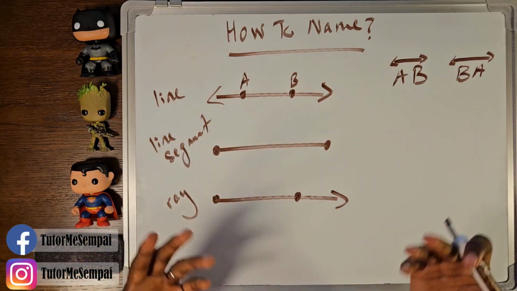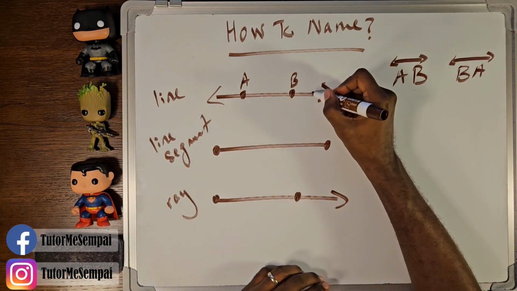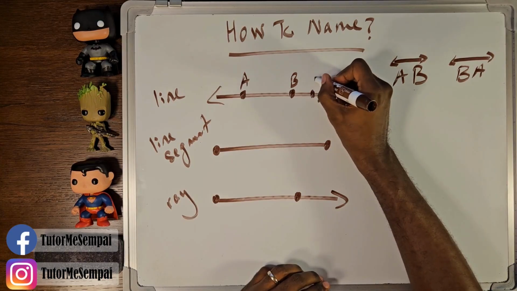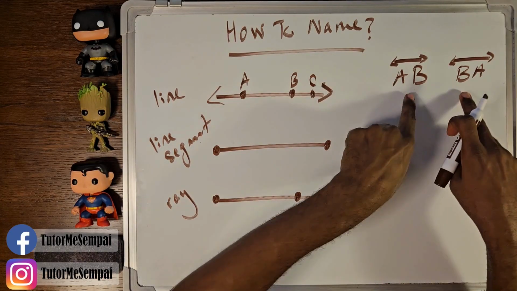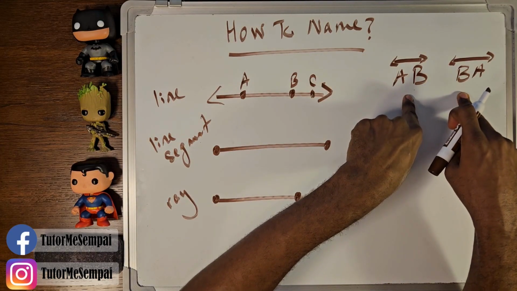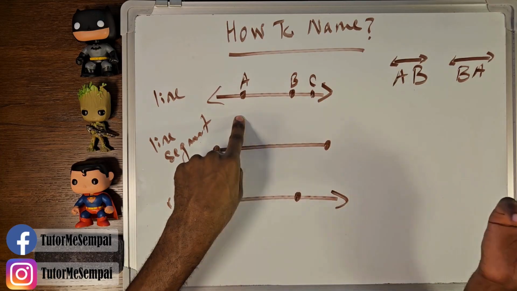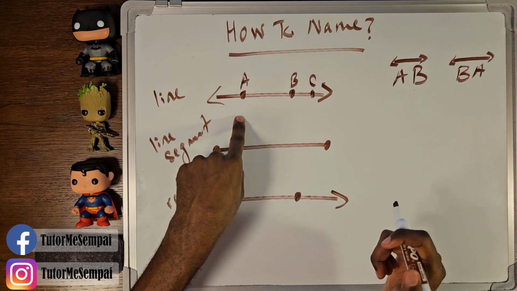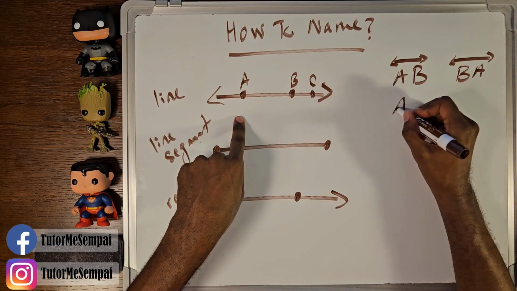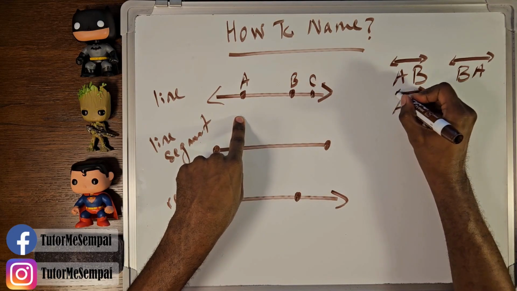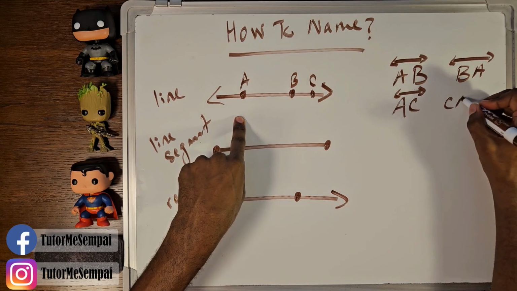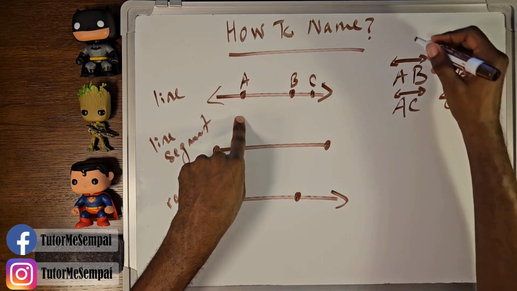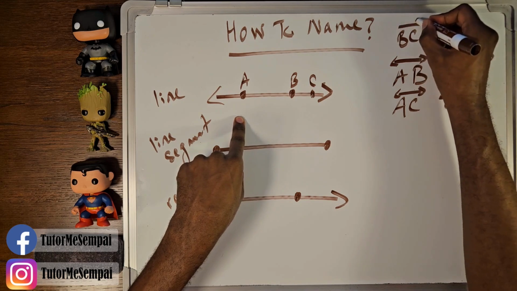Now, what happens if you have more than 2 points? Well, let's say you had a point C here. Well, this is still a valid name for this line. You're just saying it's a line that continues on forever, and these are 2 points on it. So you can have AC as well. That's fine. You can have CA. You can have BC.